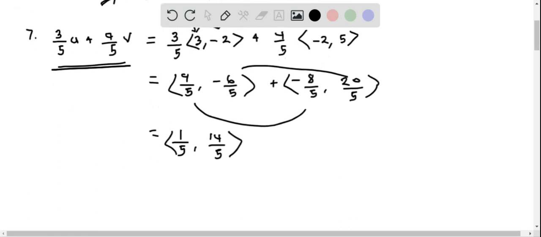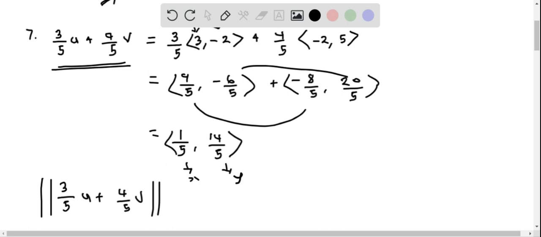Now let's determine the magnitude of this vector, that is magnitude of 3/5 u plus 4/5 v, which means I'm going to consider the 1/5 as x and the 14/5 as y.